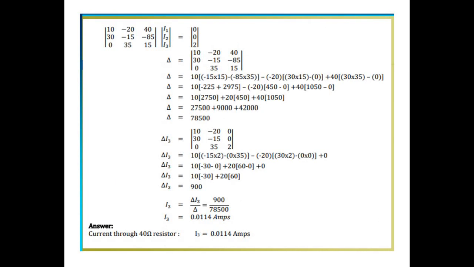Here the delta value is equal to 78,500, and then del I3, the current flow through the center point and the galvanometer of BD. Now calculate del I3: matrix formation 10, -20, 0; 30, -15, 0; 0, 35, 2, and then del I3 is equal to 900.